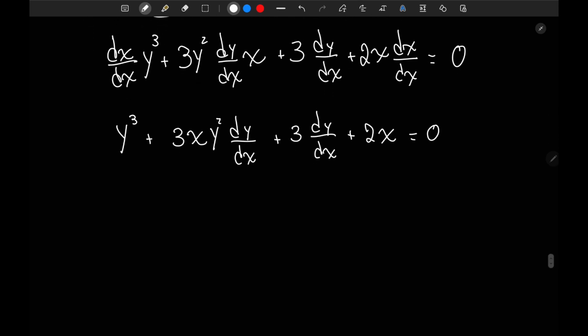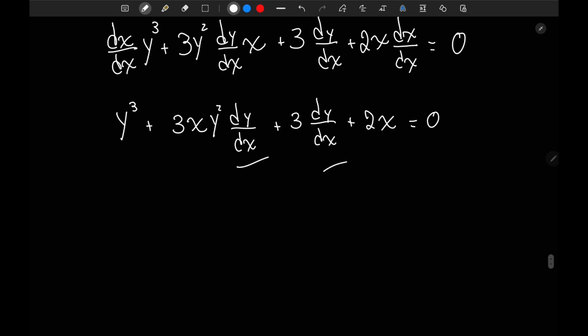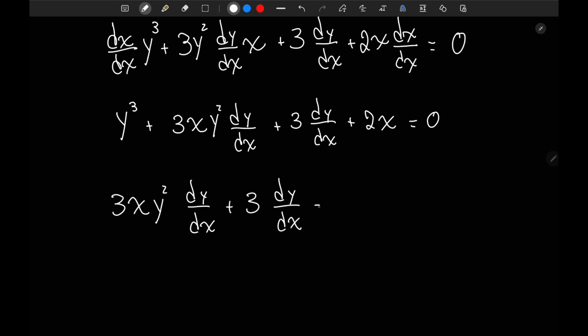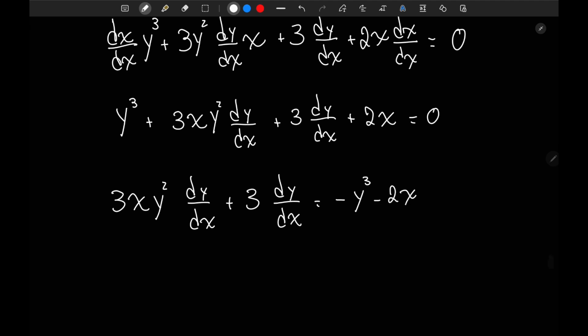So now we want to isolate for our dy dx. Let's move our y cubed and 2x to the other side. And we will have 3x y squared dy dx plus 3 dy dx is equal to minus y cubed minus 2x.